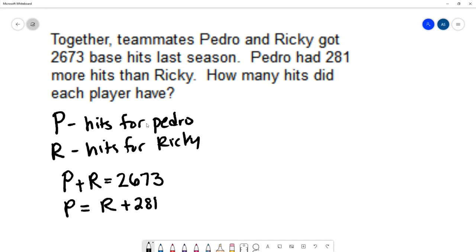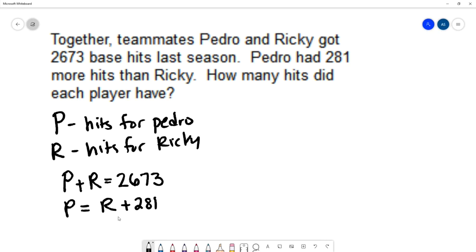And so we get this equation P equals R plus 281. Pedro has 281 more than is added to Ricky. So that gives us two equations with two unknowns, and we're going to be able to solve this.